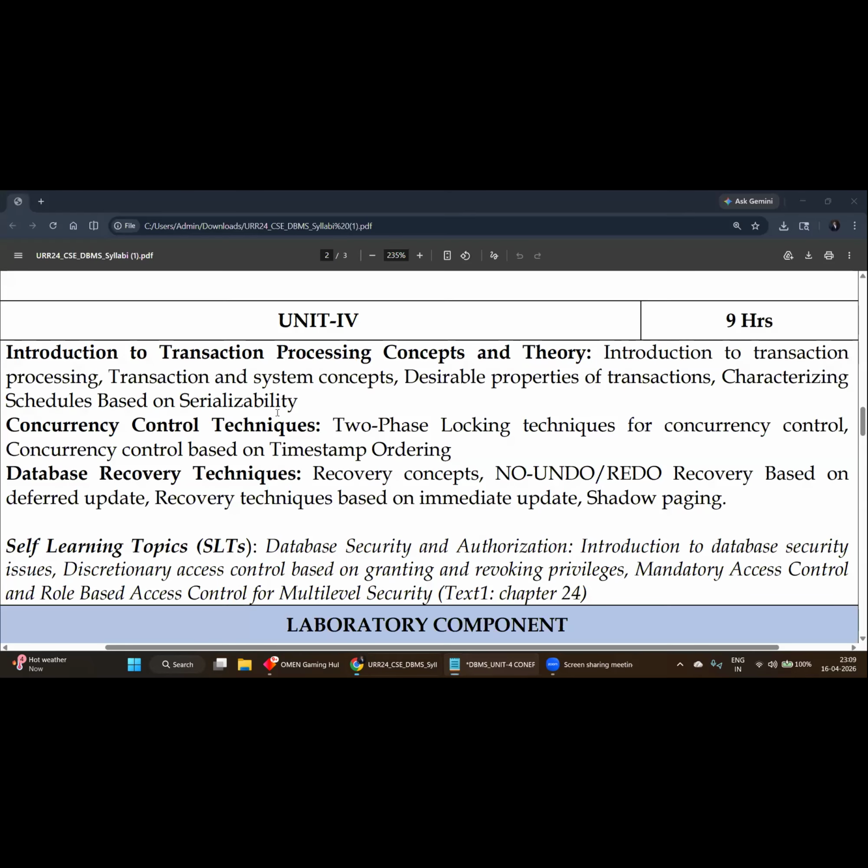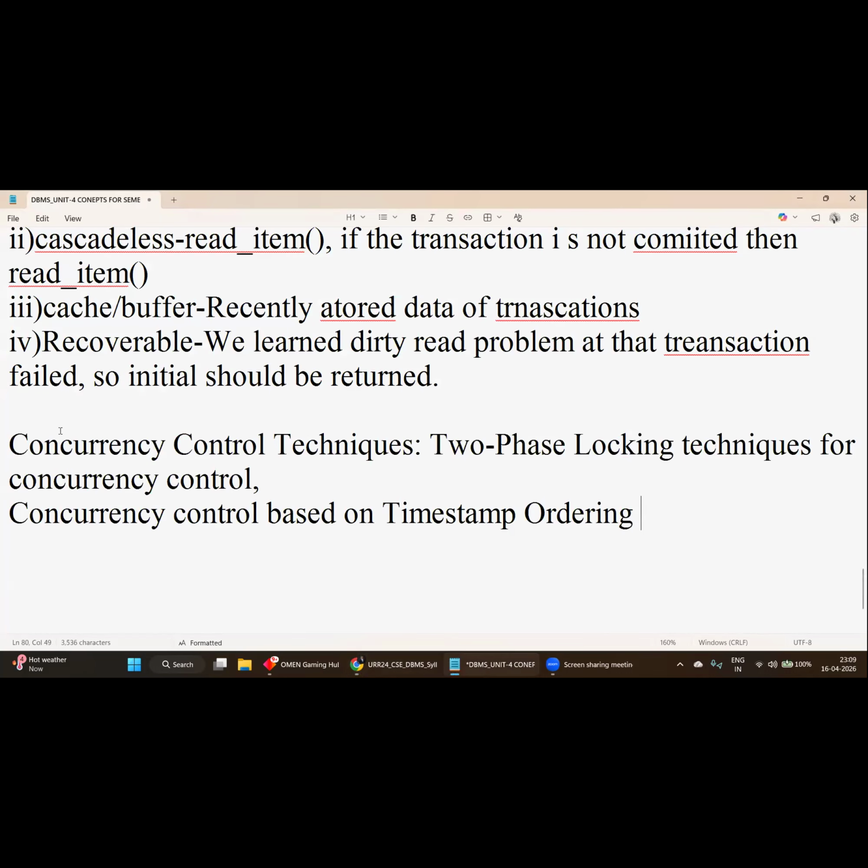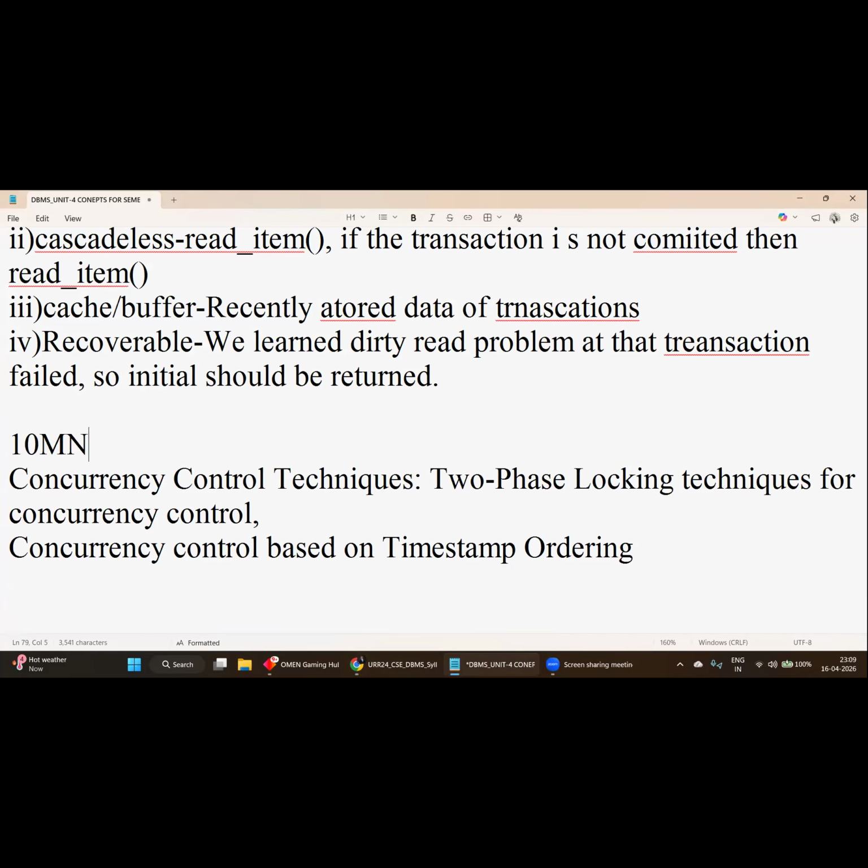And next we will discuss the controlling techniques. Okay. This is most important, and here we can expect 10 marks. Okay. Now, going to concurrency control.